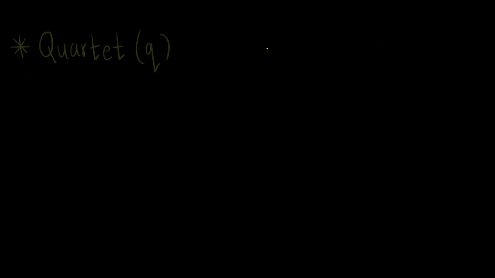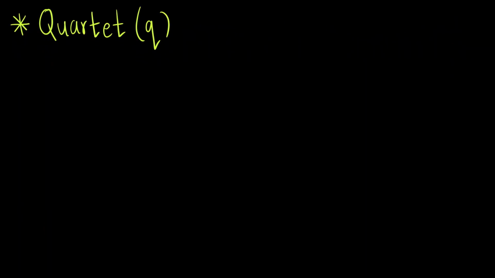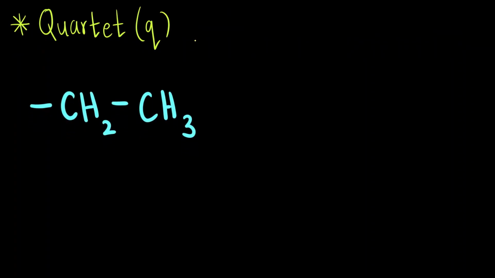So let us first see what a quartet is. When we see a quartet, we know that a signal will be split into four different peaks like this. According to Pascal's triangle, the intensity ratio is 1:3:3:1. What is the meaning of intensity ratio?